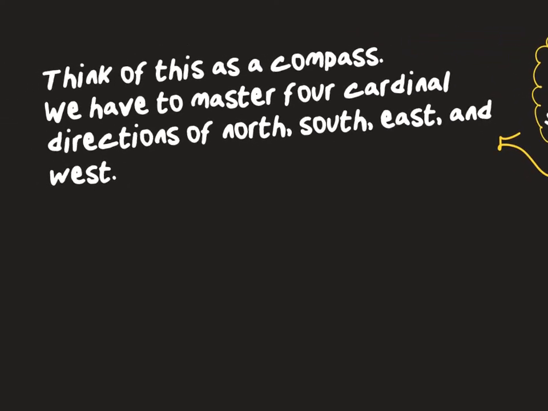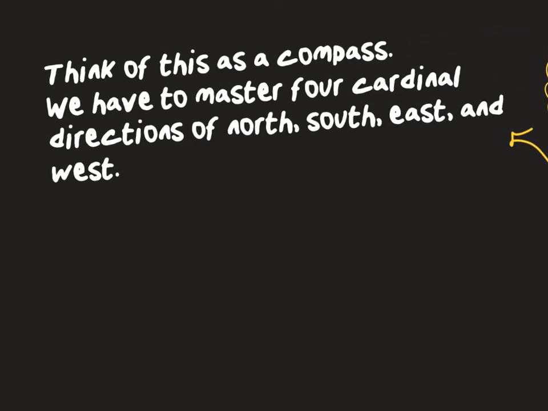So I want us to start to think of this as a compass. And to master a compass or understand directions on a compass, we have to know where our four cardinal directions are, which is north, south, east, and west. So I'm going to go ahead and start putting in the coordinates at each of these points.